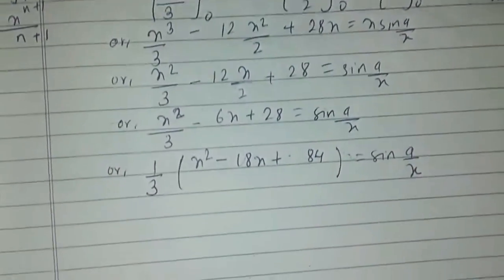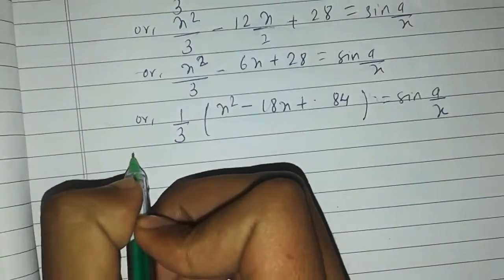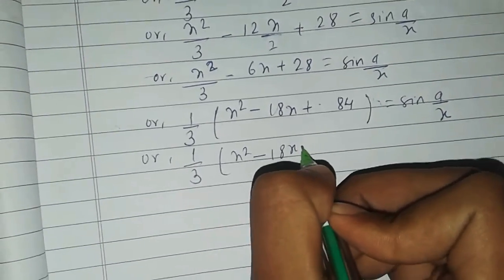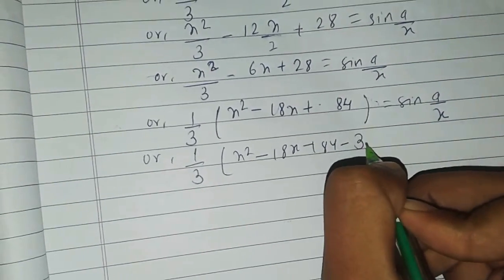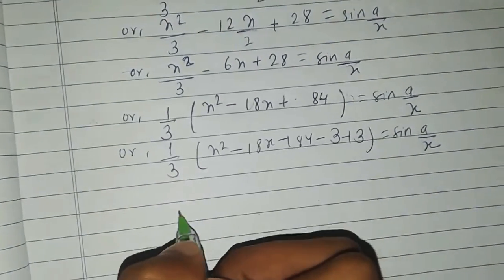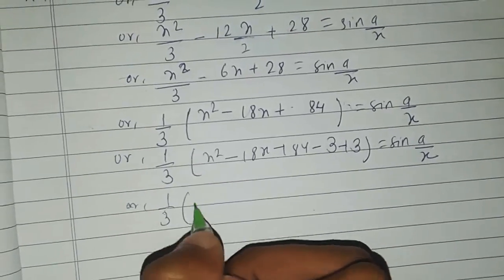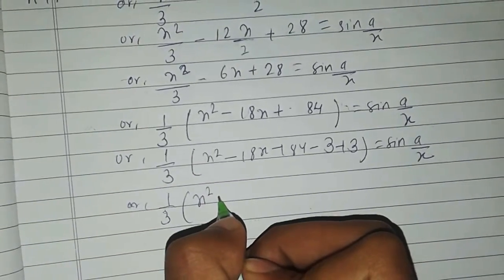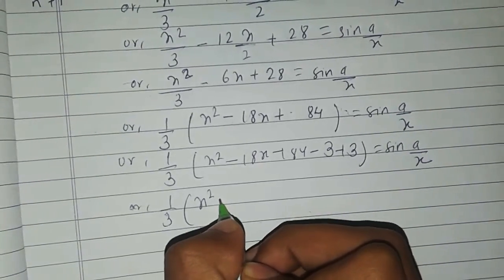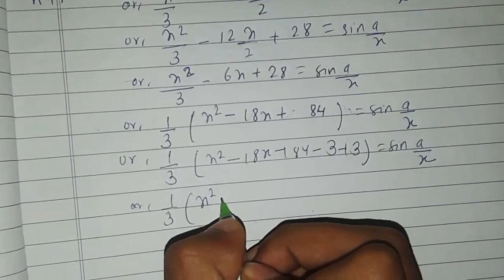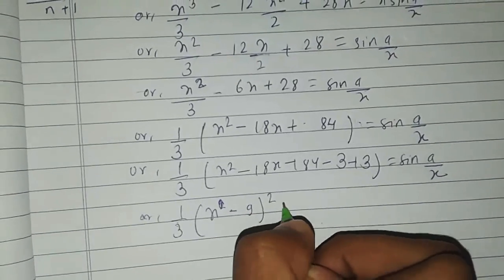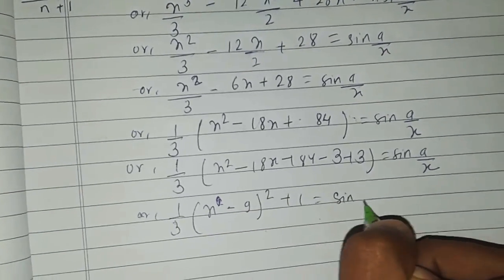So let us make it simpler: 1 by 3 of x square minus 18x plus 84 minus 3, plus 3 is equal to sine a by x. So from here we have 1 by 3 of x square minus 18x plus 84 minus 3, plus 1, which equals 1 by 3 of x minus 9 whole square plus 1, is equal to sine a upon x.